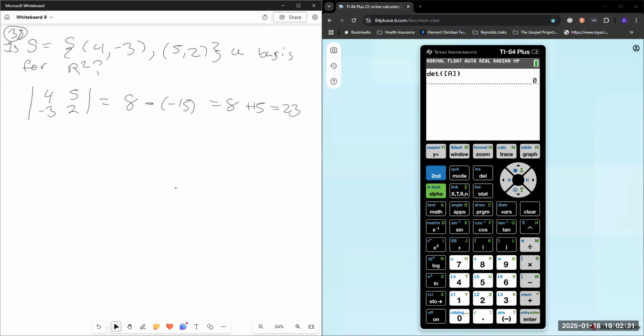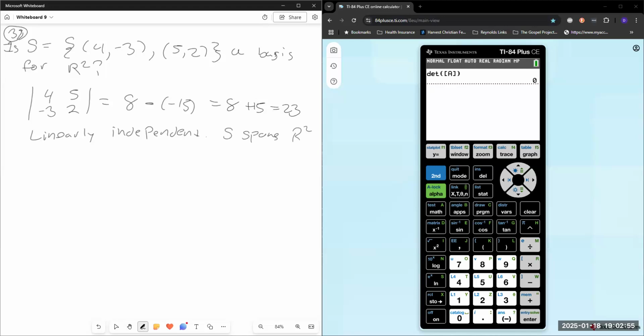I'm sorry, that means that they're linearly independent. The only way that I get the zero vector out of this is if C1 and C2 are 0, which is great. That's what I want, which means that S spans R2.